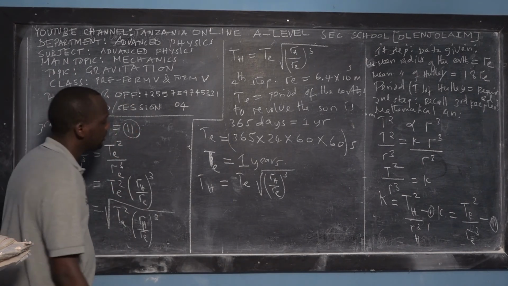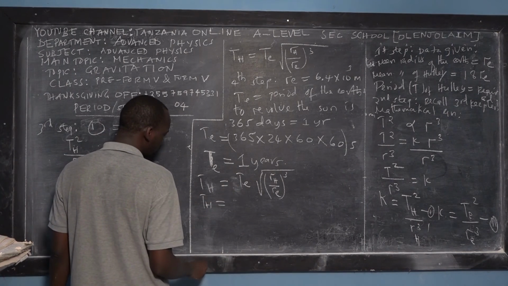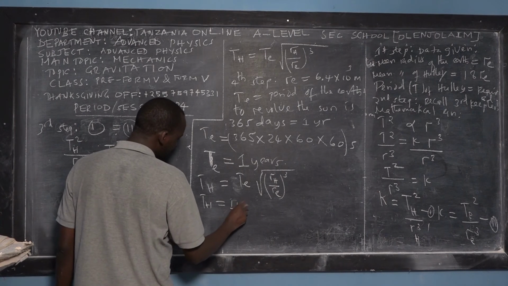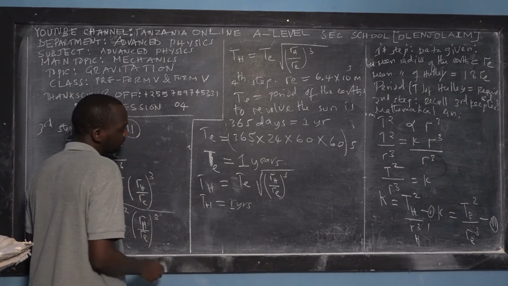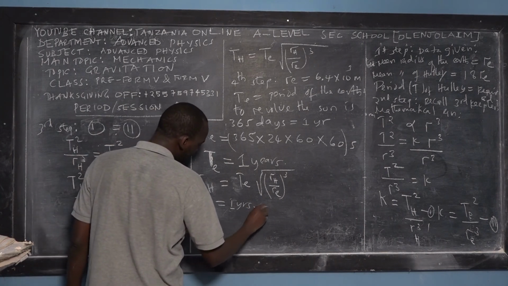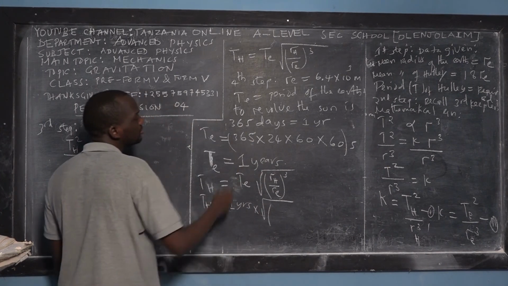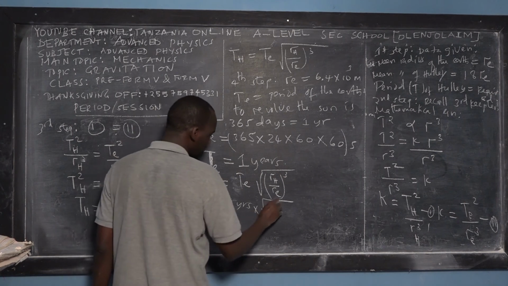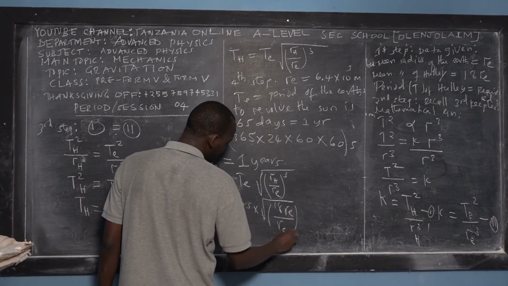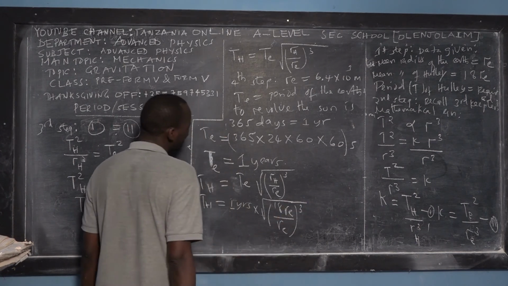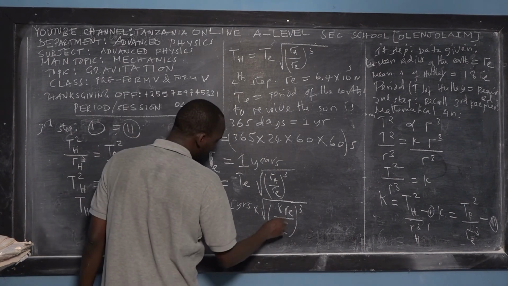So the period of Halley is equal to the period of the Earth, which is 1 year, multiplied by the radius of Halley there, 18 radius of the Earth over the radius of the Earth, cubed. So the radius of the Earth and the radius of the Earth cancel.